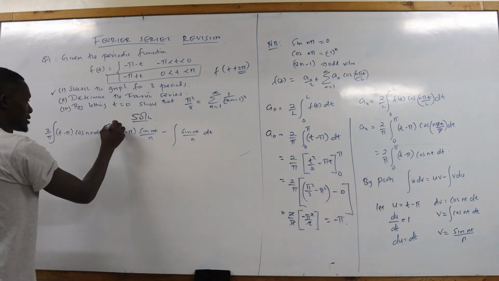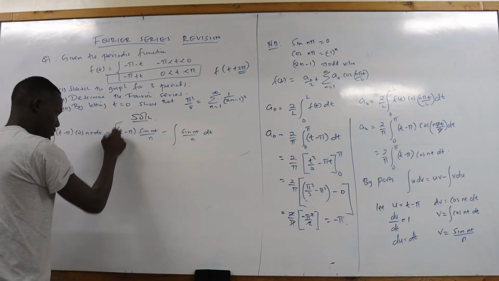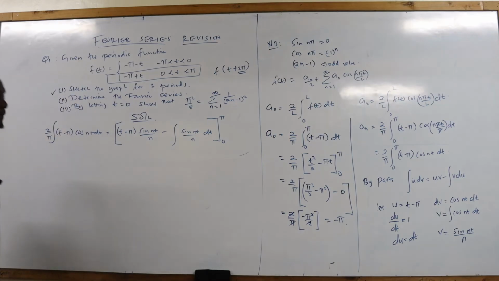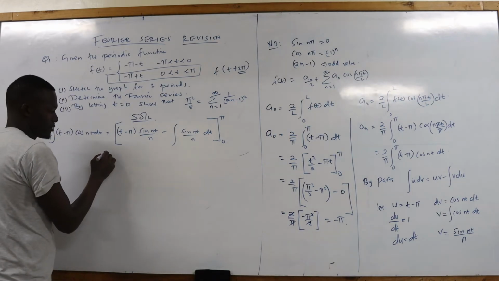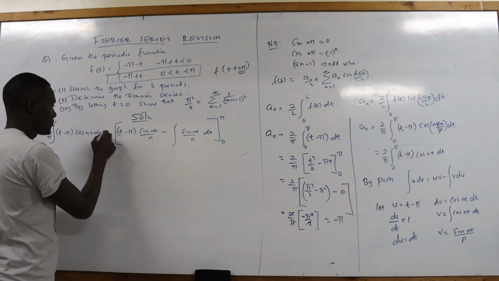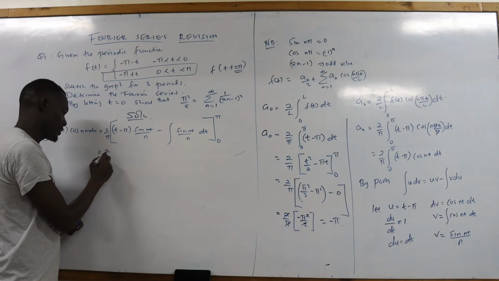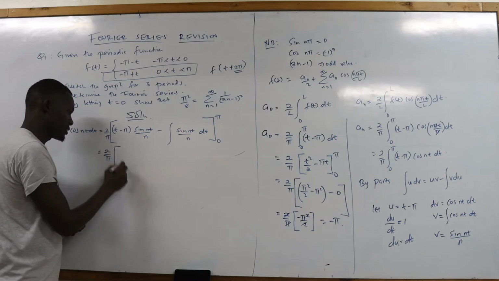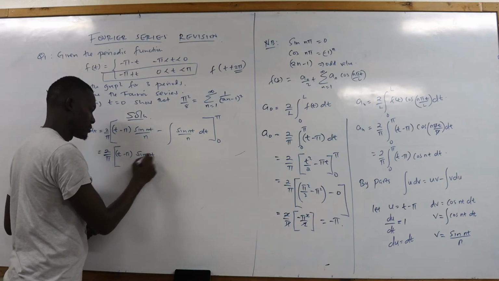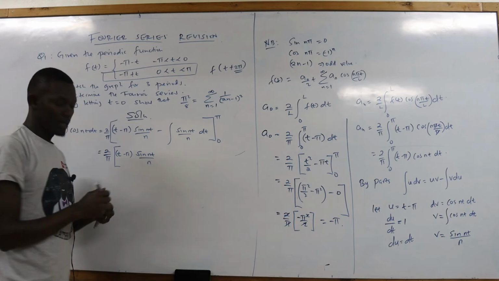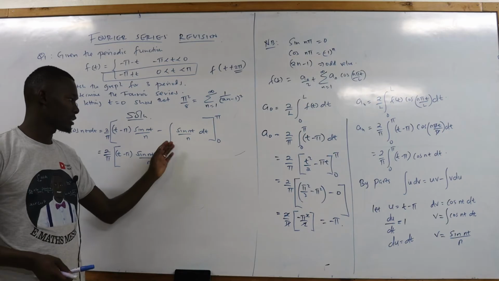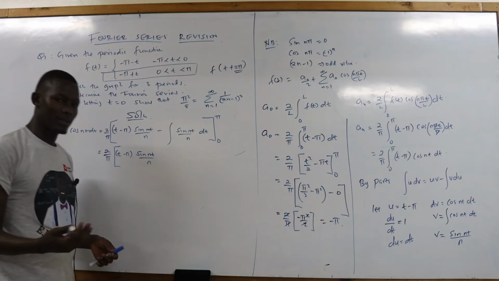So we're just substituting our values in this particular formula. So integration of this becomes this, from 0 to pi. Going further, we have 2 over pi, bracket, t minus pi sin nt over n. Now remember here, you're supposed to integrate. You're not supposed to leave your answers in terms of integrals. So integrating sine, you get what?